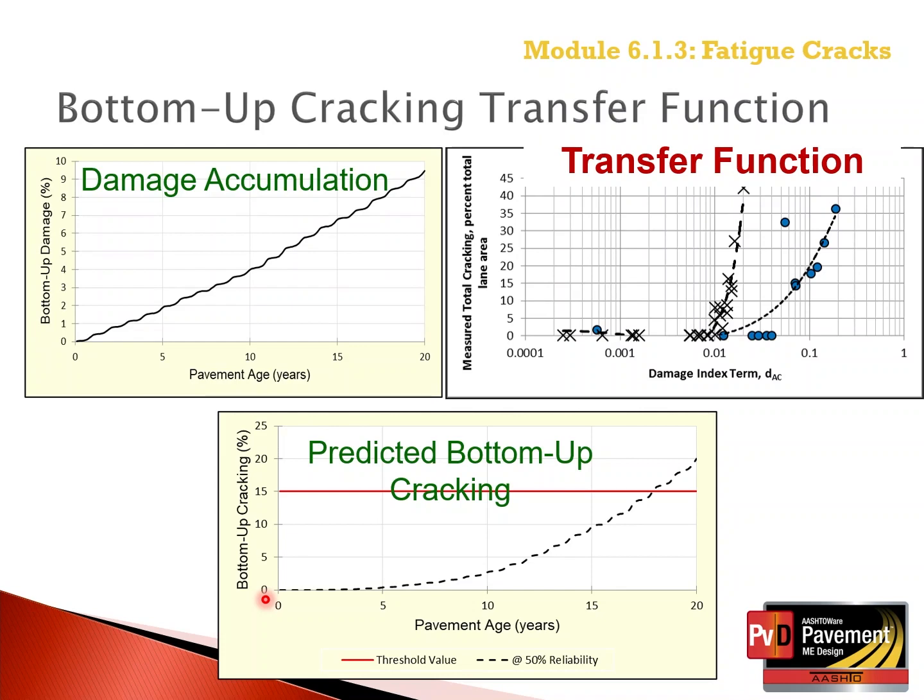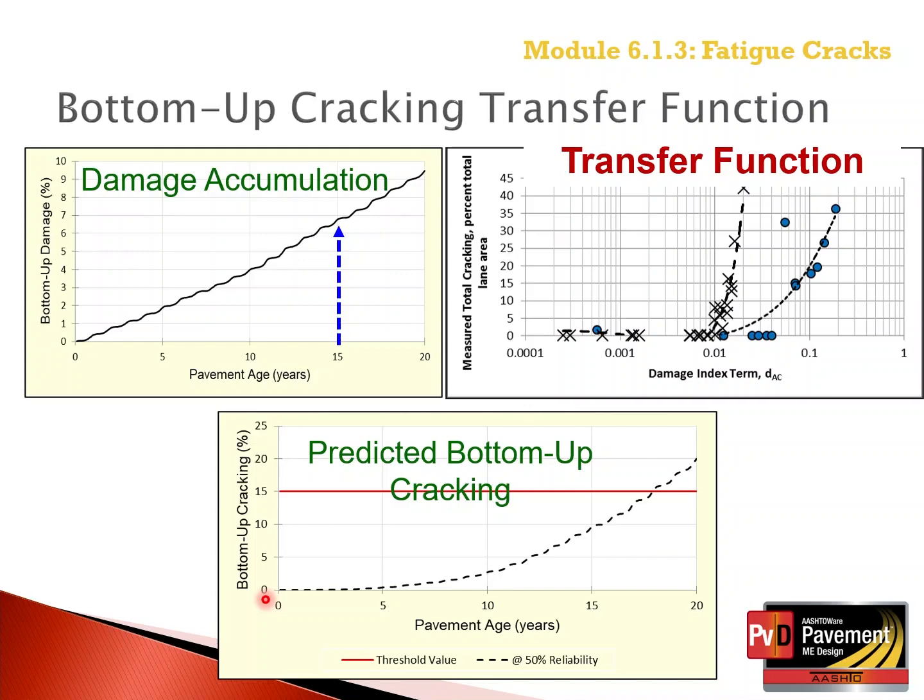This slide is a graphical representation of the process or procedure used to calculate the amount of bottom-up fatigue cracks. In summary, the fatigue damage is calculated over the design life for a specific flexible pavement cross-section, input variables, and site factor.